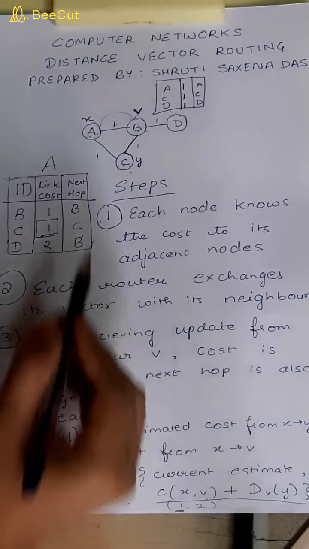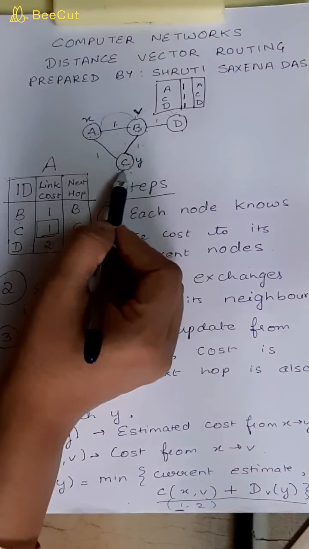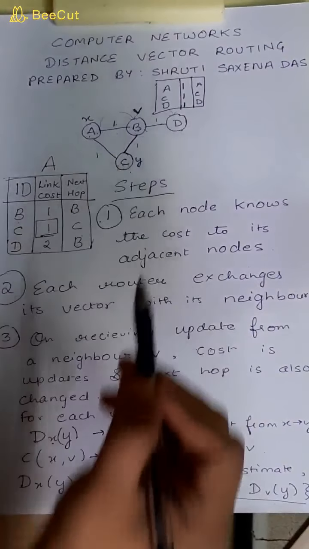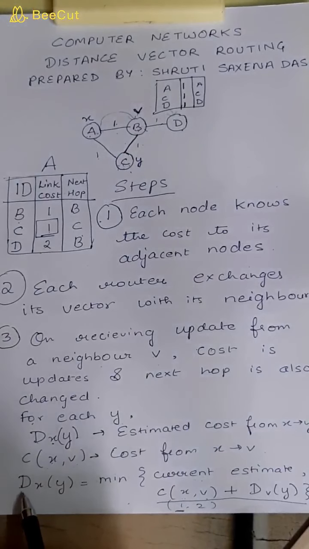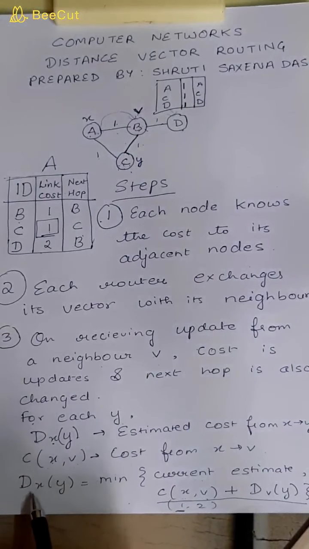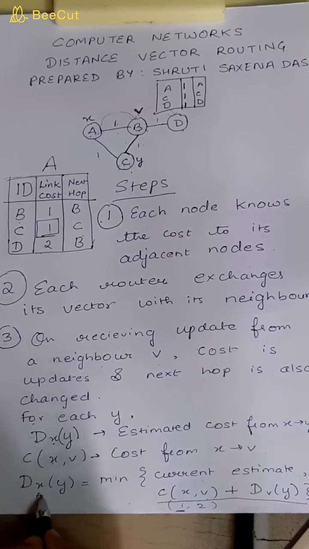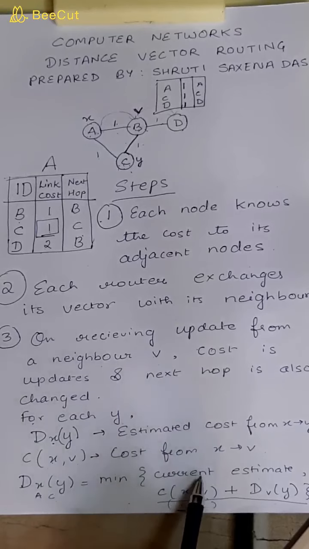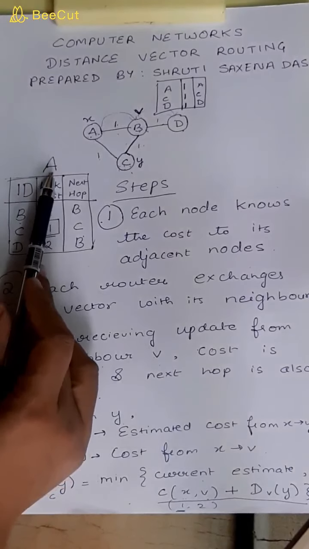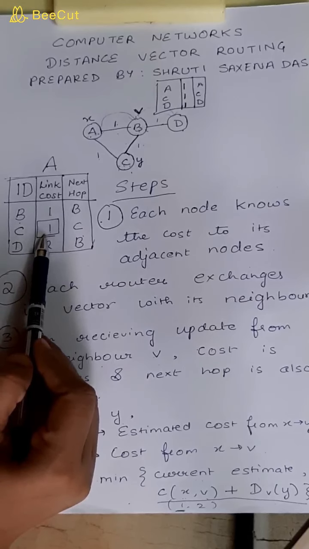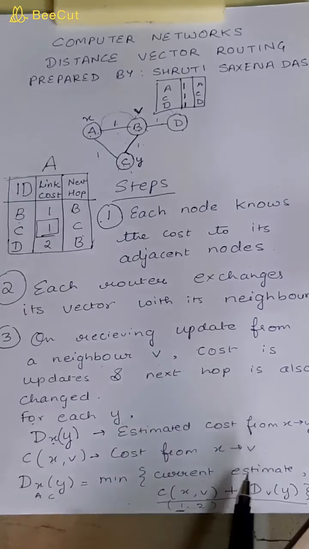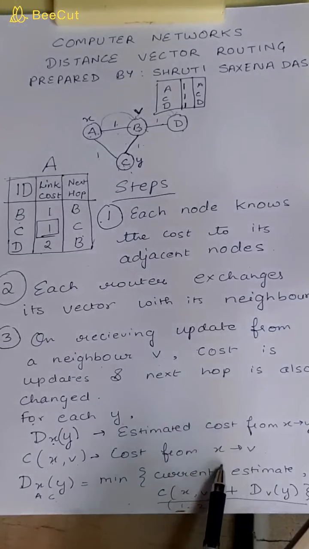For C, for each Y, we check the distance from X to Y. X is A, Y is C. So we have to check the distance of A to C. The current estimate from A to C, in the table of A, is cost 1.